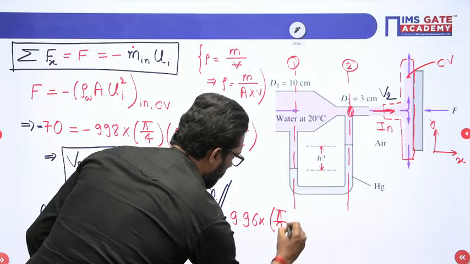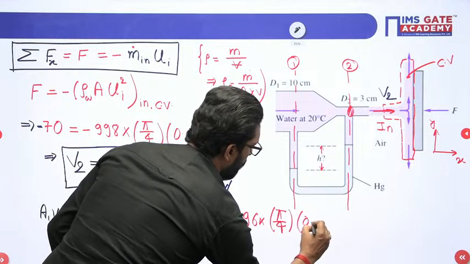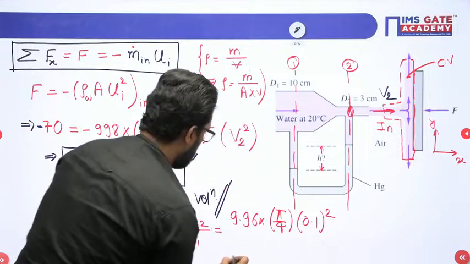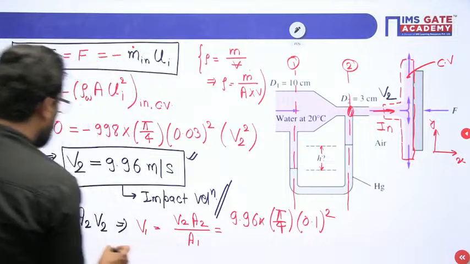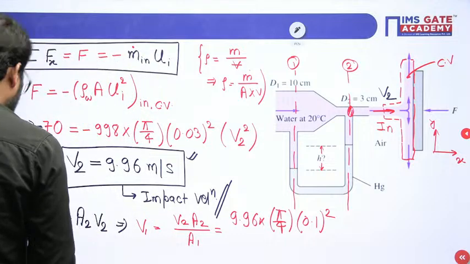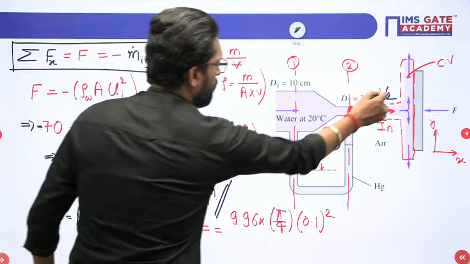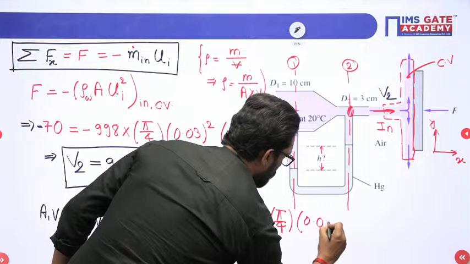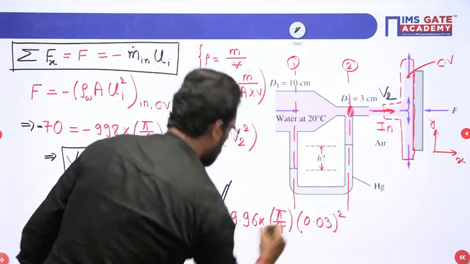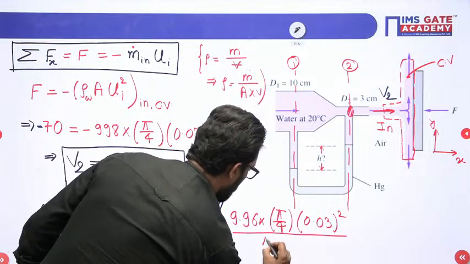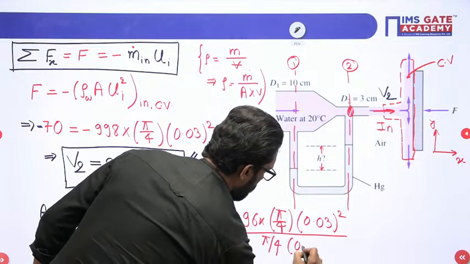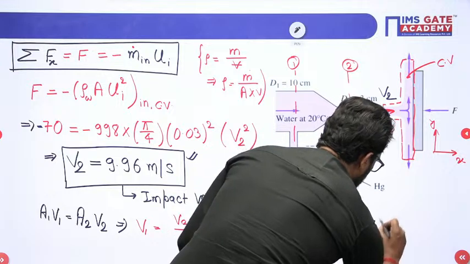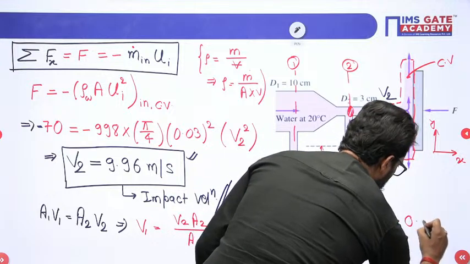Pi by 4, 0.03 whole square. This is your A2 divided by A1, pi by 4 times 0.1 square. If you solve this one, from here you can easily find V1, and V1 is 0.9 meter per second.